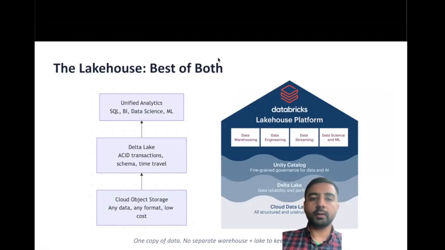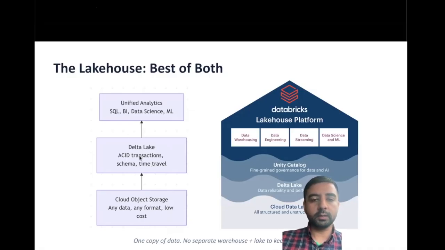So look at the diagram on this slide. There are three layers. At the bottom is the cloud storage, which allows you to store any kind of data, in any format, at low cost.